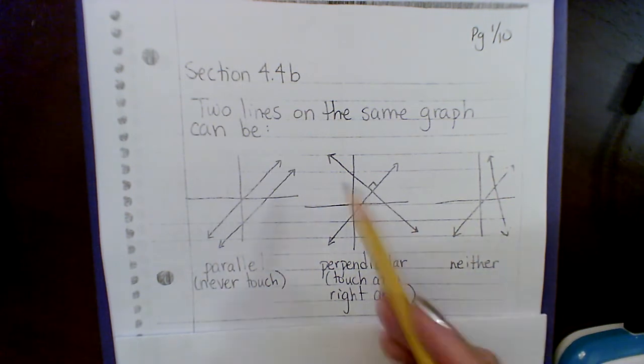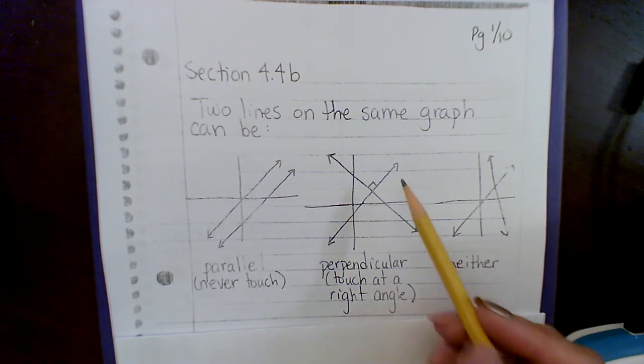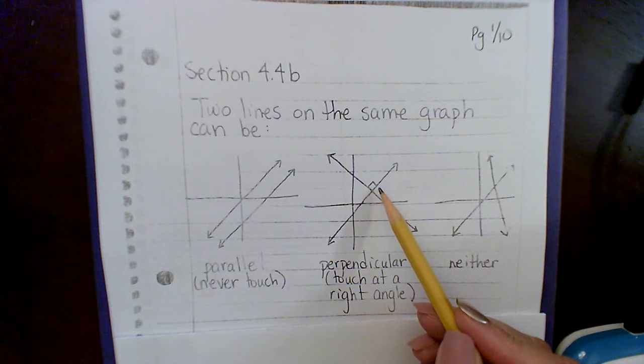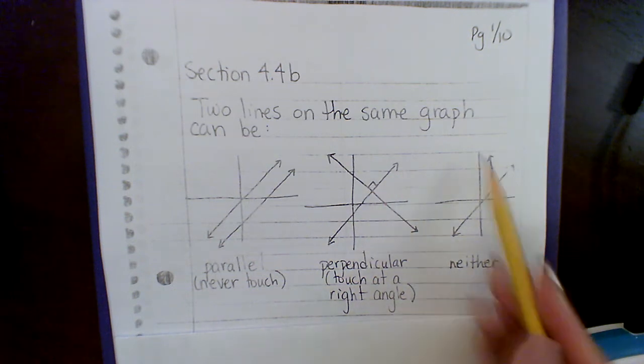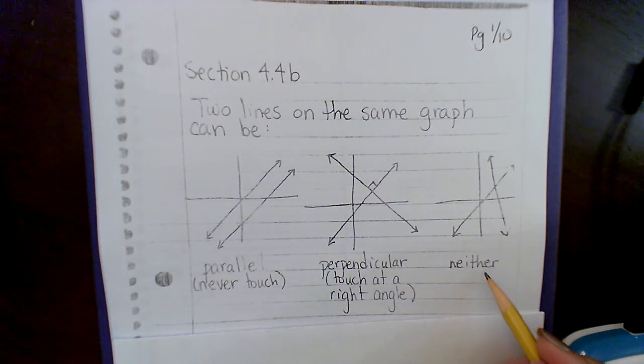Now, if they do cross each other, there's two ways for that to happen. If they cross each other and form a right angle, then we say the two lines are perpendicular. Otherwise, if they just cross each other wherever, then we say that it's neither parallel nor perpendicular. Okay?